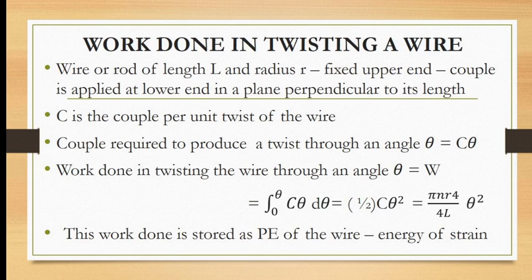So the expression is half C theta square. Now you can substitute for C, that is the couple per unit twist, and rearrange it and find out the value of work done in twisting the wire through an angle theta, that is pi n r raised to 4 by 4l into theta square. So this is the total work done in twisting the wire or rod through an angle theta. And this work done is stored as the potential energy of the wire, which is known as the energy of strain.